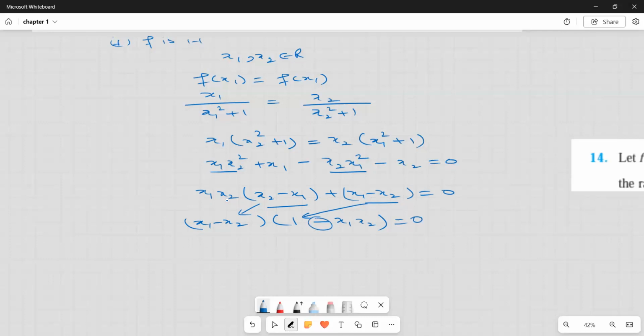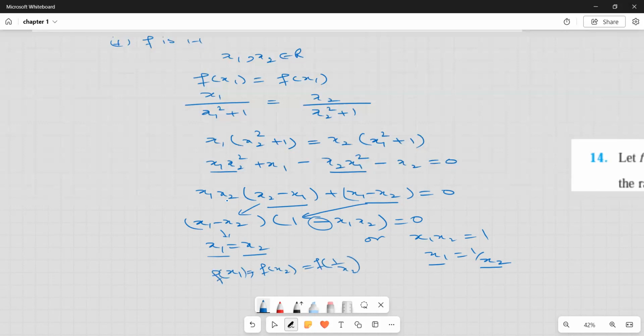So when the product of two terms is 0, then either x1 is equal to x2, or 1 minus x1 x2 is equal to 0. So x1 x2 is equal to 1, or x1 is equal to 1 by x2. So here you are getting that x1 is equal to x2 and x1 is equal to 1 by x2. Meaning for x1, you are getting two images, f of x2 and f of 1 by x2. So f is not 1-1.